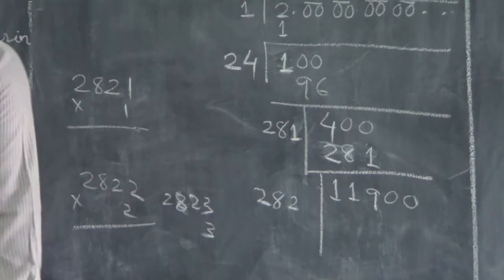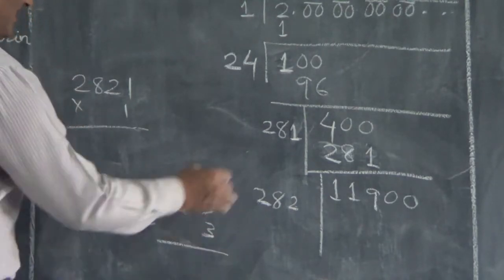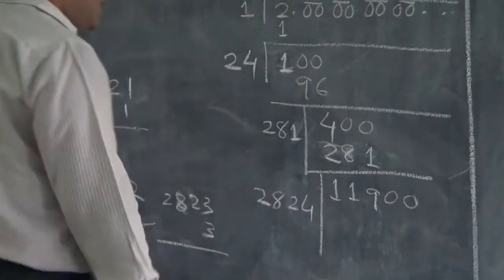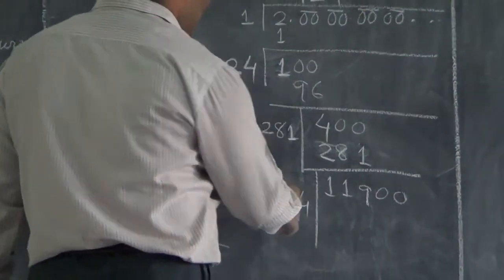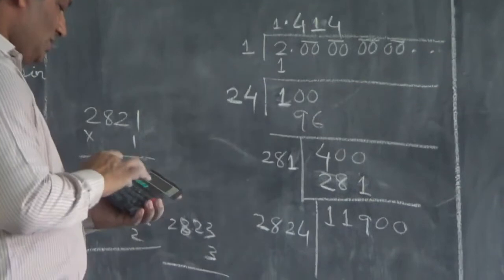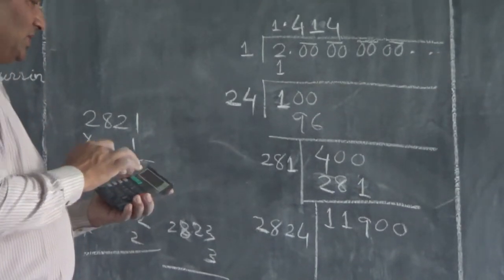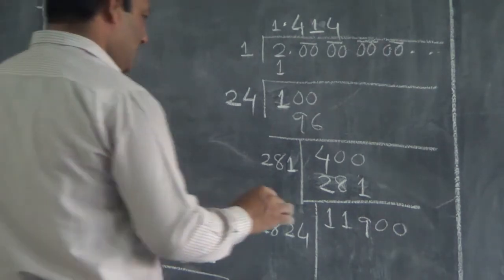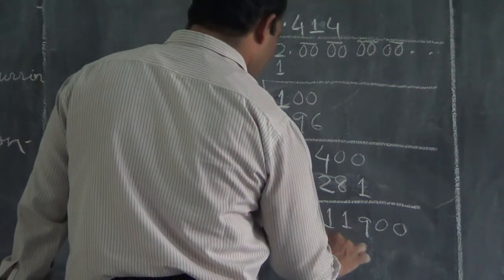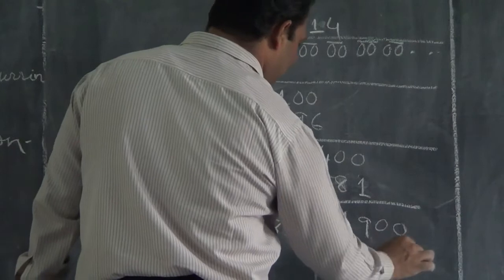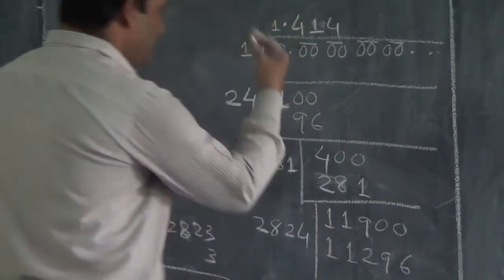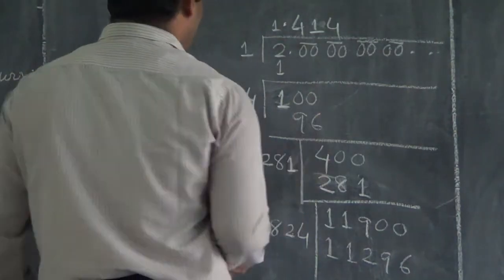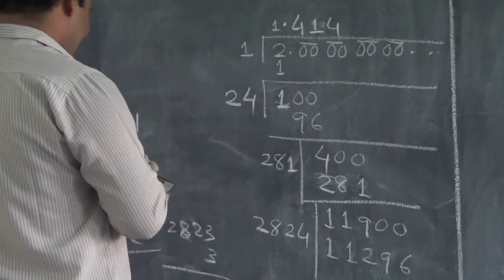By doing that, you will see that the most appropriate digit will be 4. So 2824 into 4 will give 11296.